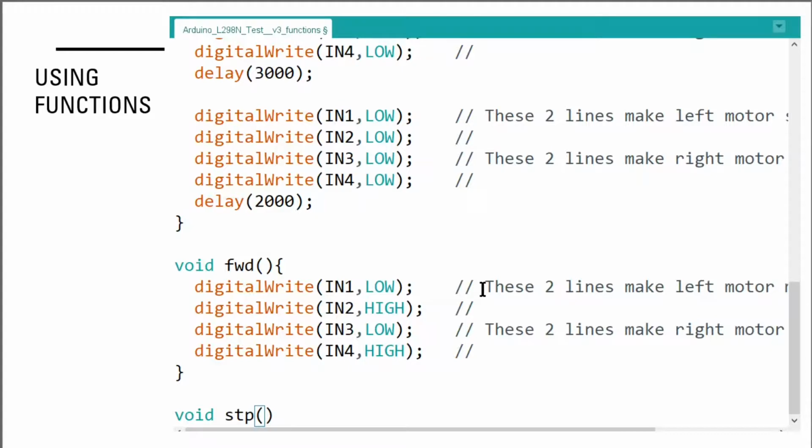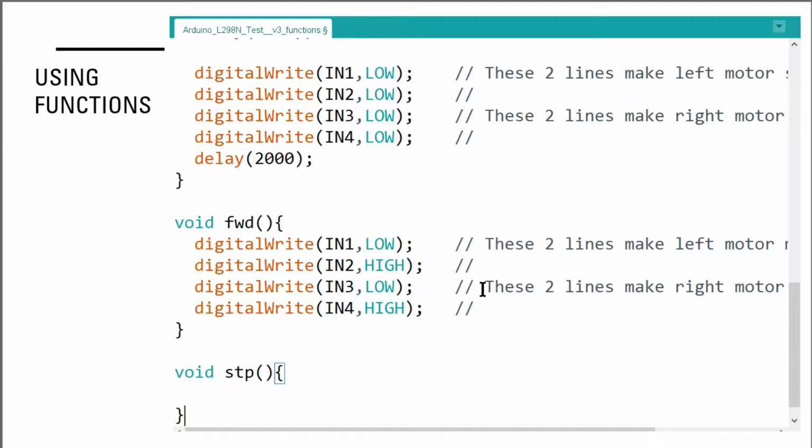If you notice, I named the function STP instead of stop, because when I use stop, the Arduino IDE colors it that way. Maybe it refers to some built-in function of the Arduino IDE. So to prevent any complications or future problems, I just use the name STP to differentiate it from STOP.